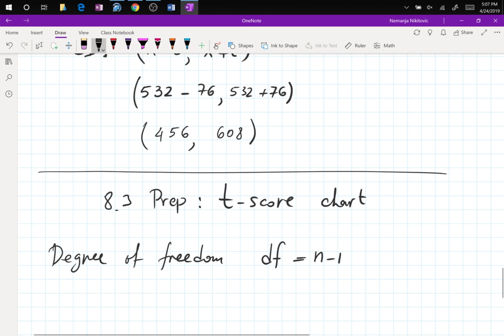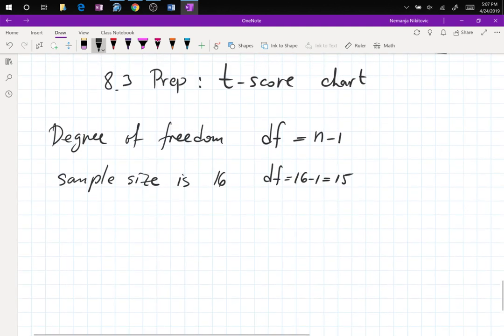So if your sample size is, let's say, 16, then your df is 16 minus 1, equal to 15. So that will be one of the parameters that you have to look at. Another very important aspect of everything here is that your t-scores are areas to the right by definition.